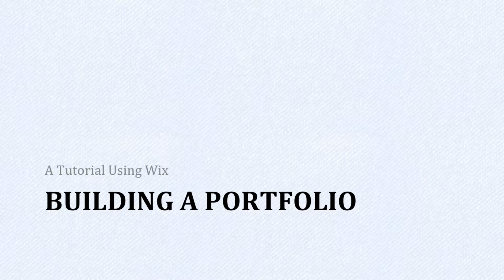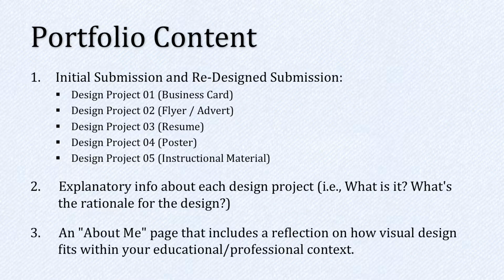So in our next section, I want to focus on building a portfolio using Wix. So as you know, Design Project 6 has already been released, and the content of your portfolio can be divided up into 3 sections. Number 1, you're going to have your initial submissions as well as your redesign submissions for 5 design projects, projects 1 through 5.